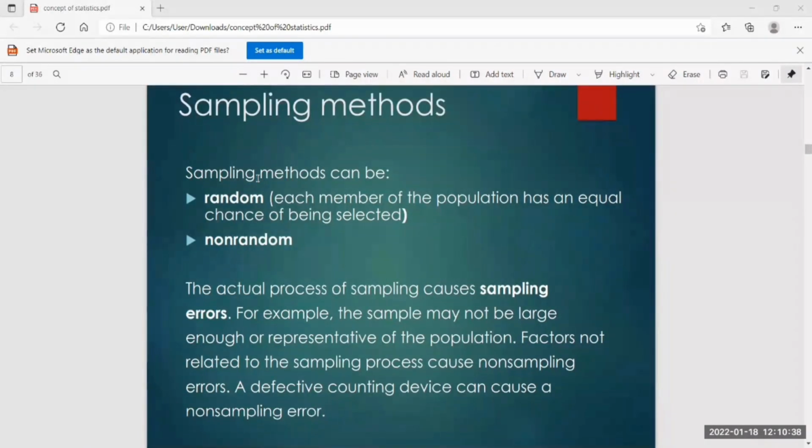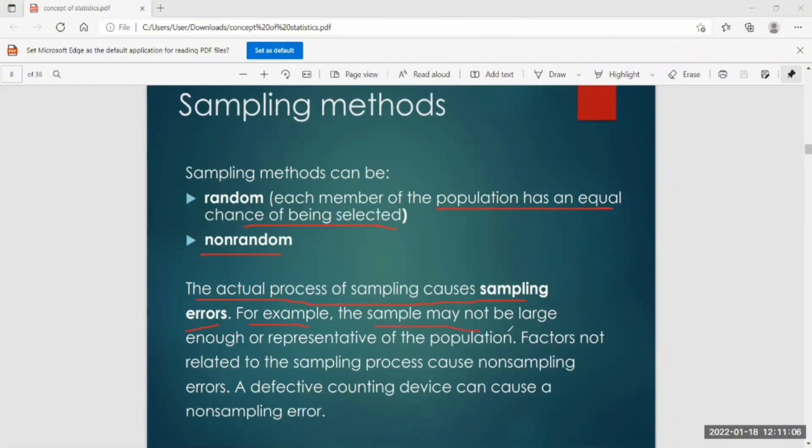Thus, a sampling method can be random or non-random, or probability and non-probability sampling. In random or probability sampling, each member of the population has an equal chance of being selected. But in non-random or non-probability sampling, there are lesser chances of being selected. The actual process of sampling causes sampling errors.